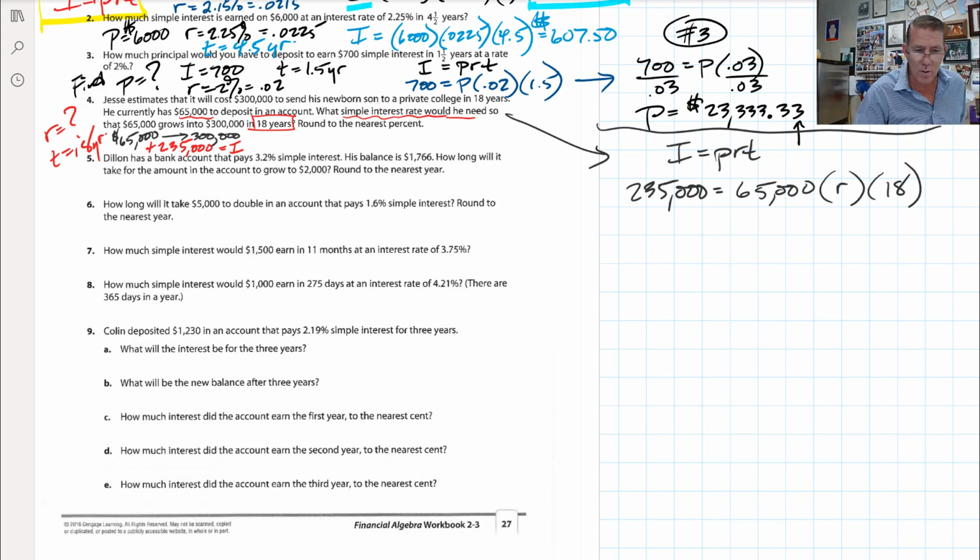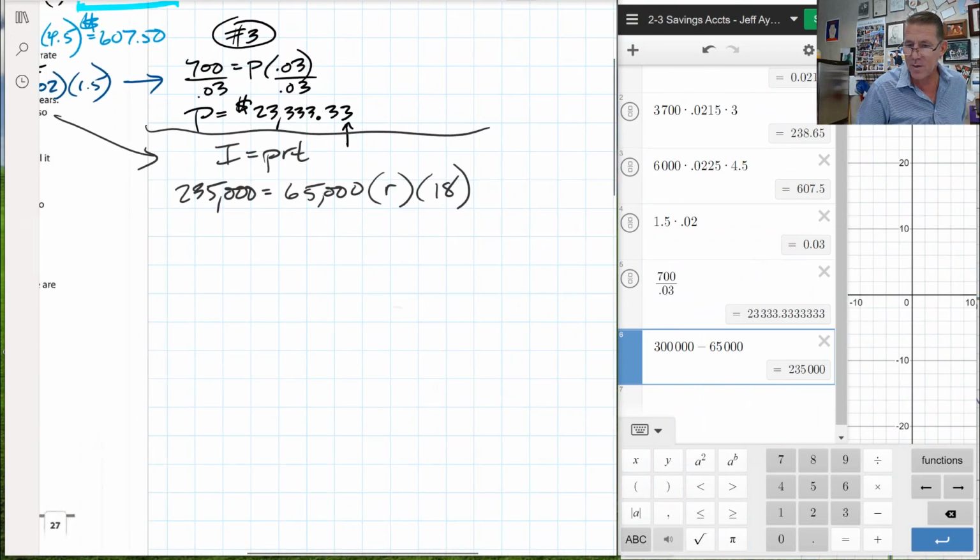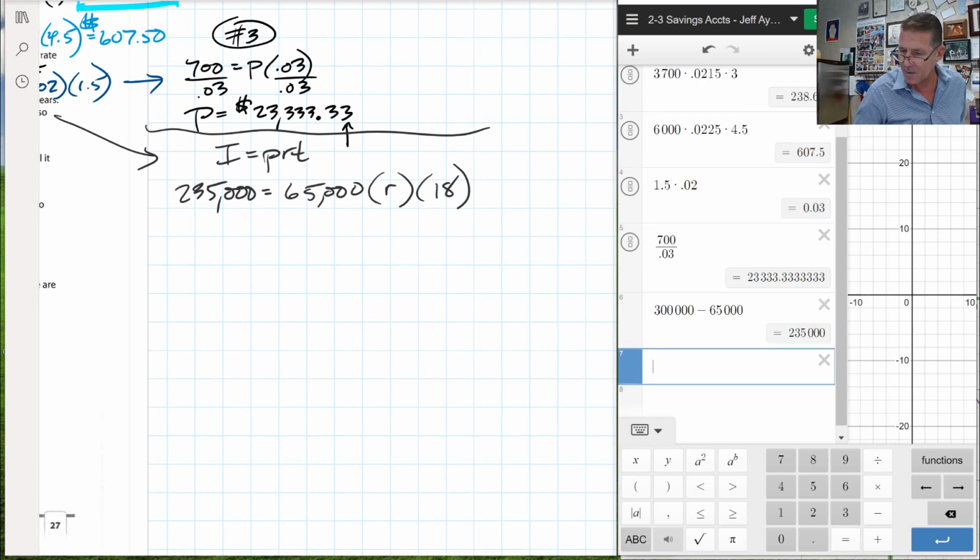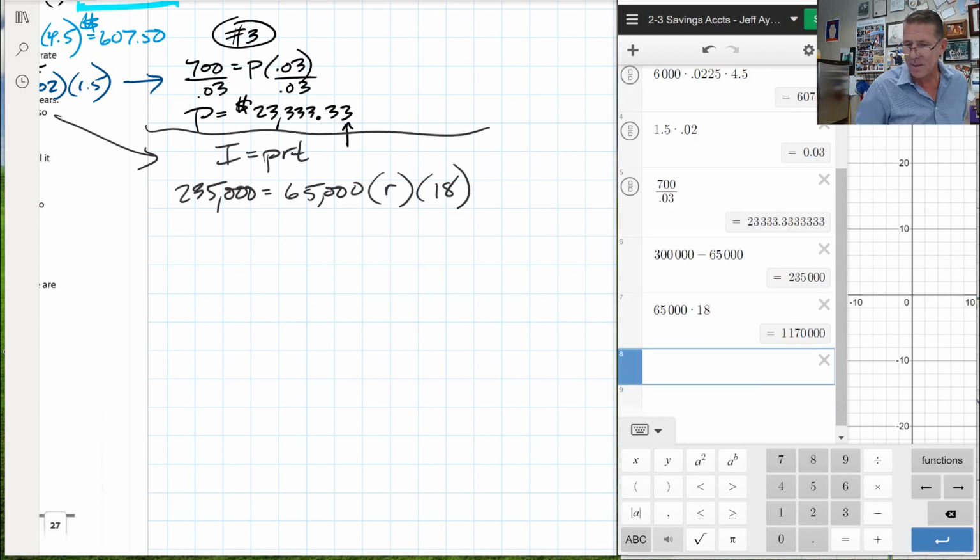Okay, so to solve for R, we need to divide both sides by the, well, let me do it the step-by-step way. This might make more sense. Let's just multiply the like terms here. 65,000 times 18. There's a couple different ways you can do this, but you may need to show your work on this.